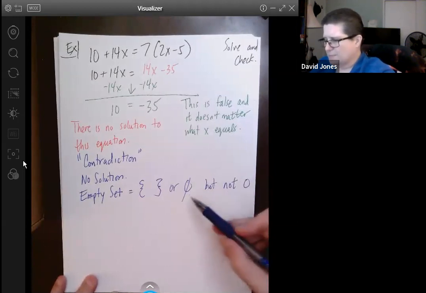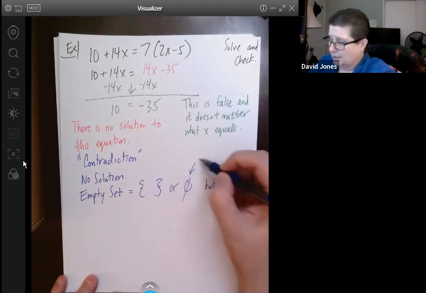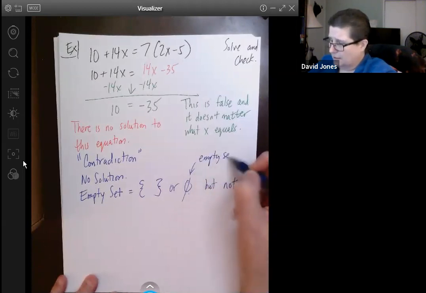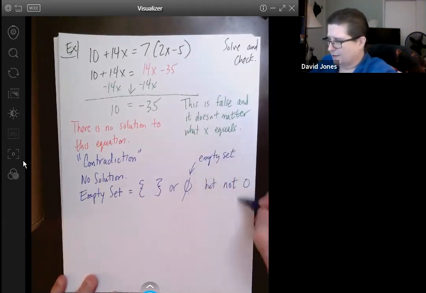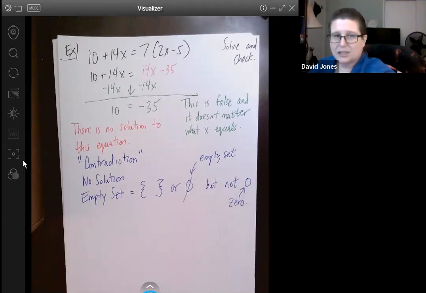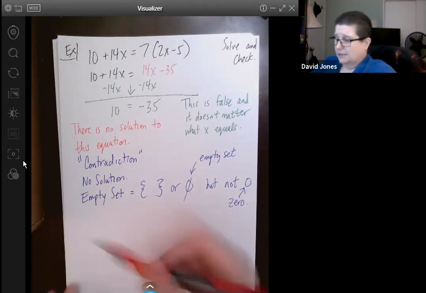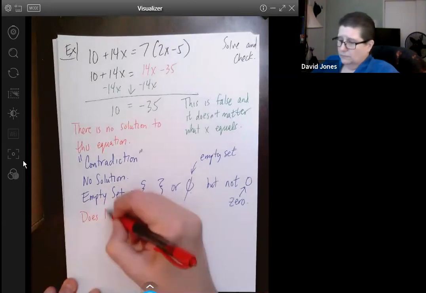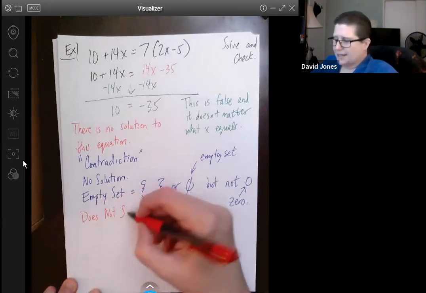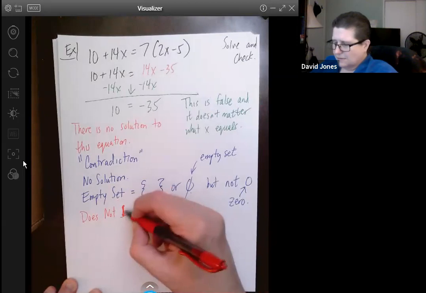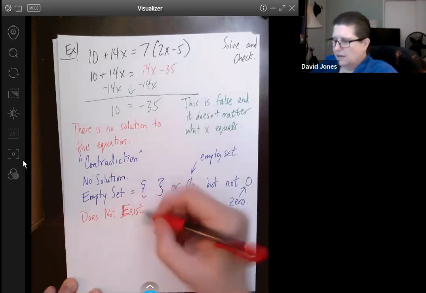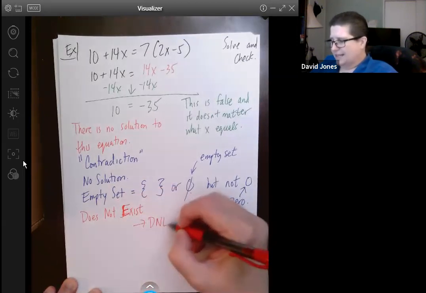It's got to be that this means empty set. This means 0. 0 can be a solution. If 0 is a solution, it's not empty. Another thing they use is they'll say does not exist, or solution does not exist. And folks abbreviate that DNE.